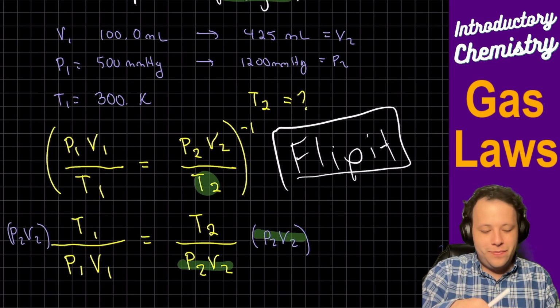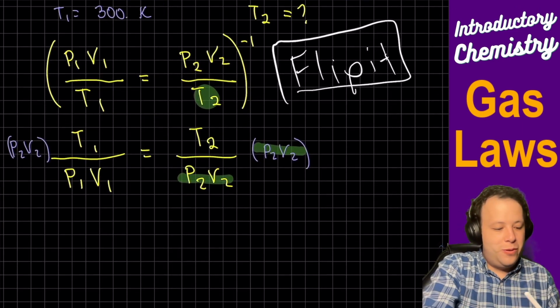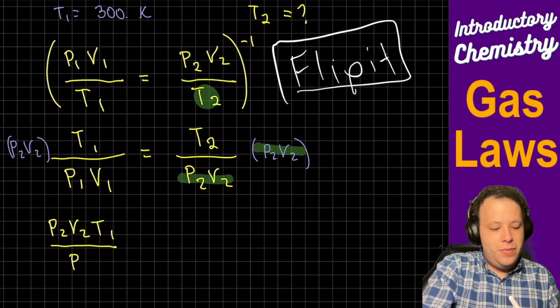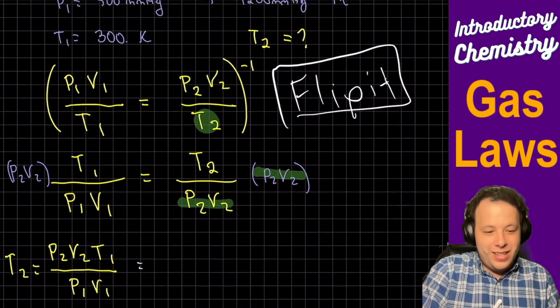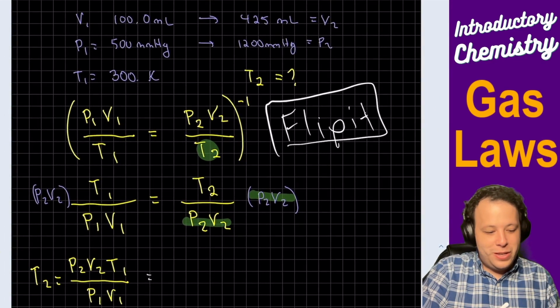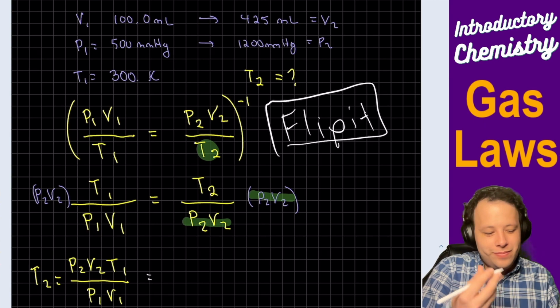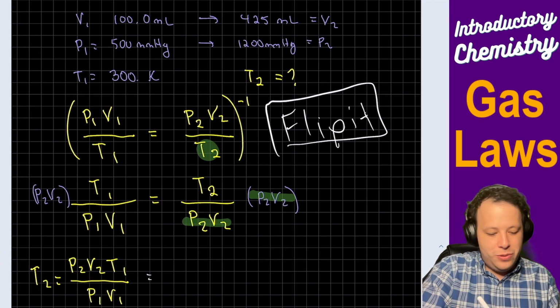Those cancel out, and we'll have our new formula, which will be P2 V2 T1 over P1 V1 is equal to T2. All right, we have a lot of variables to plug in here, so we're going to plug all those in. Sorry, I zoomed out here for a second, but I want to see all the variables. So pressure 2 was 1,200 millimeters of mercury.